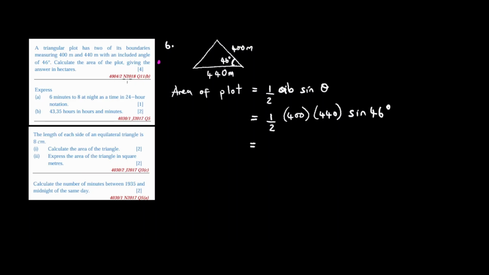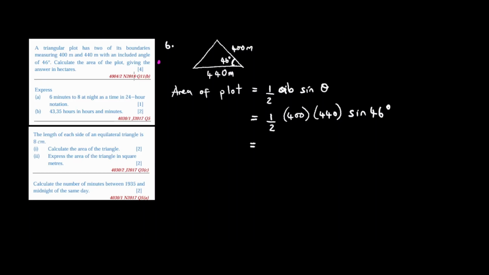This is evidently paper 2, so I'm going to be using my calculator. I'm just going to input that as it is, but making sure with the calculator that I'm getting degrees. I don't want it to be in radians.